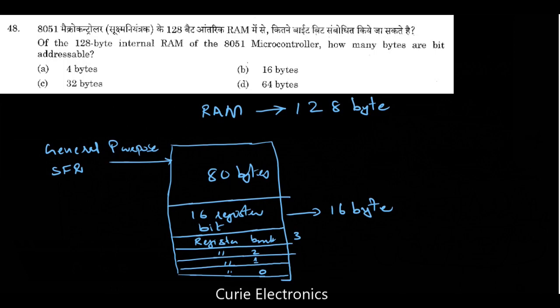So this occupies an area of 4 eights, which is 32 bytes. R0, R1, when you use those instructions, these register banks are getting used. So now 32 plus 16 is 48, 48 plus 80 is 128 bytes. So option B is the right answer. 16 bytes are bit addressable.